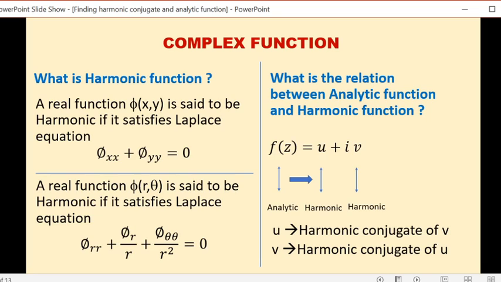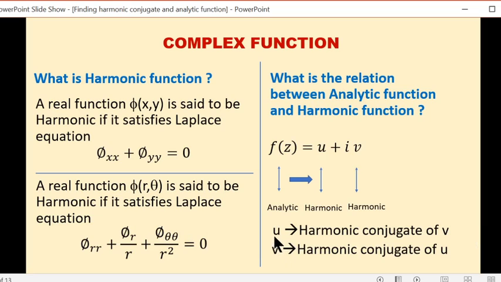So we have given them a name: harmonic conjugates. There are two words, harmonic and conjugate. What do they mean? Harmonic means both u and v are harmonic, and conjugate means u and v belong to the same function.